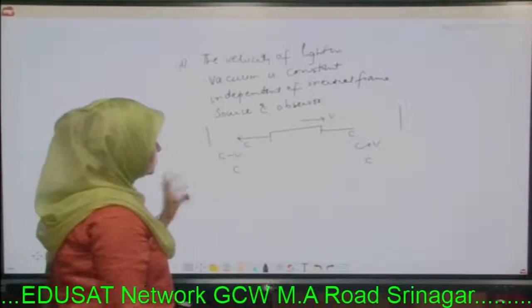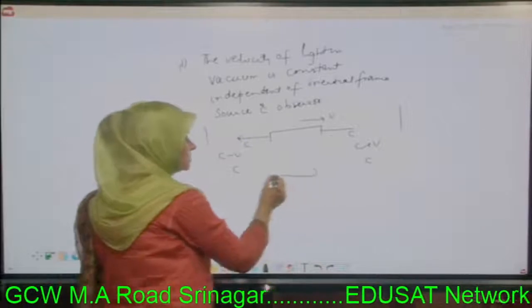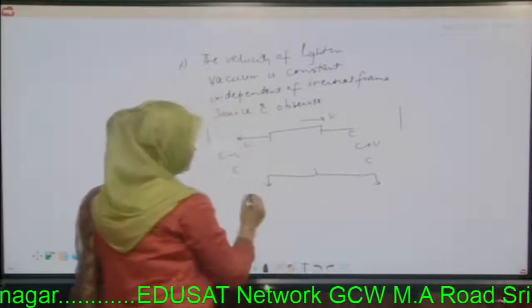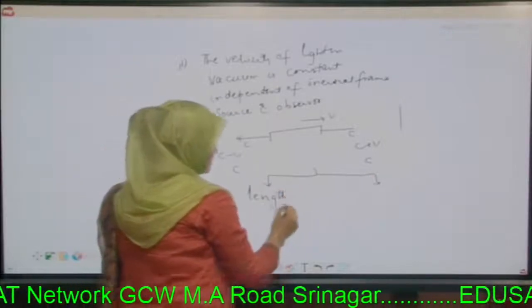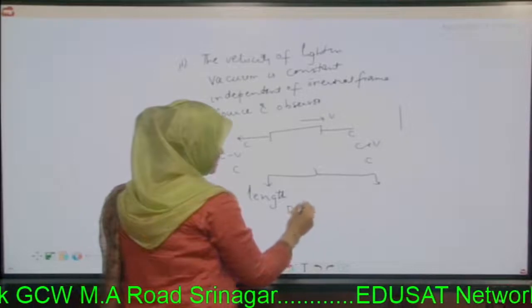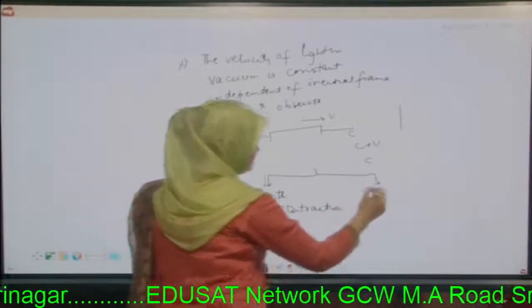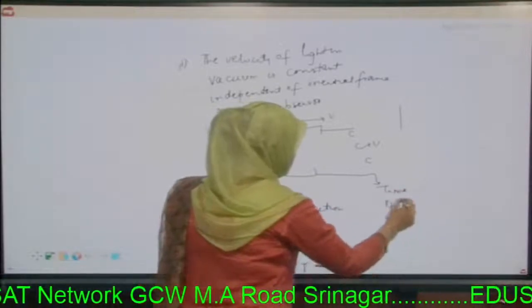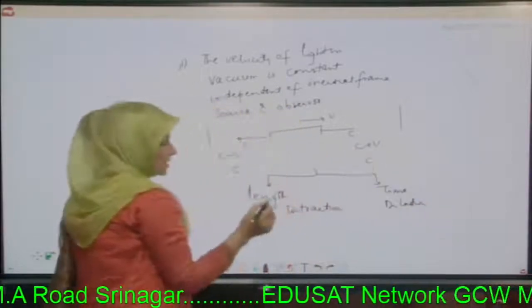Now this postulate of the special theory of relativity obviously has two important beautiful conclusions. One is length contraction, and another is time dilation. We know that all velocities are basically the ratio of two things.